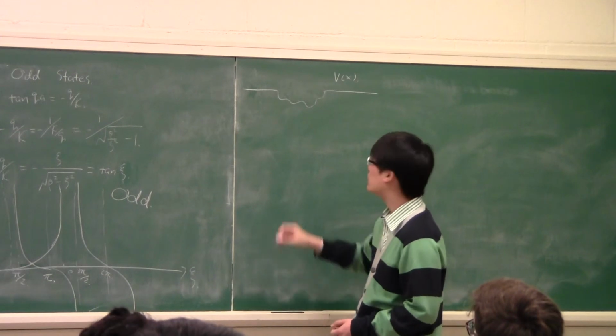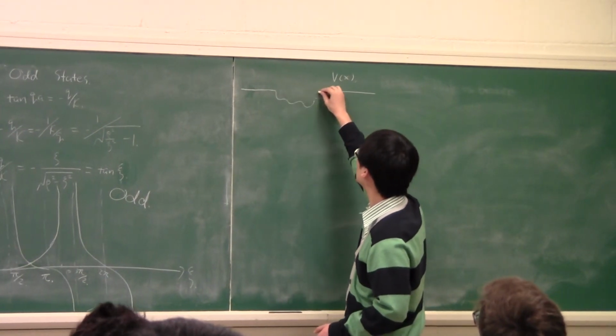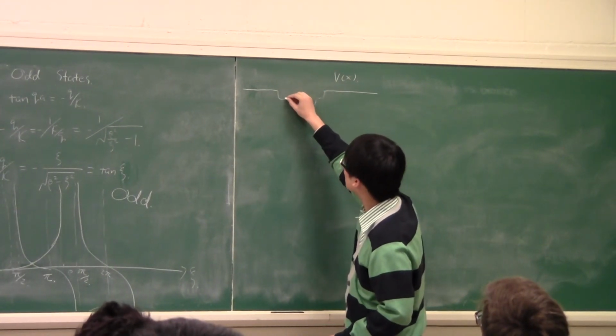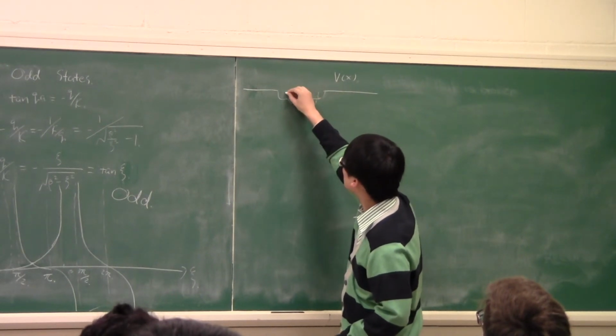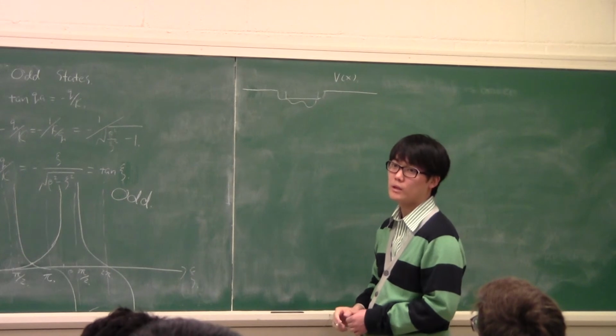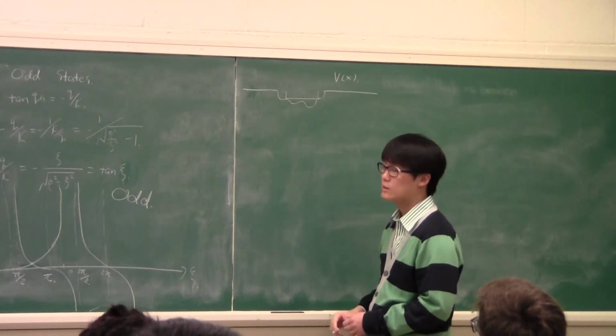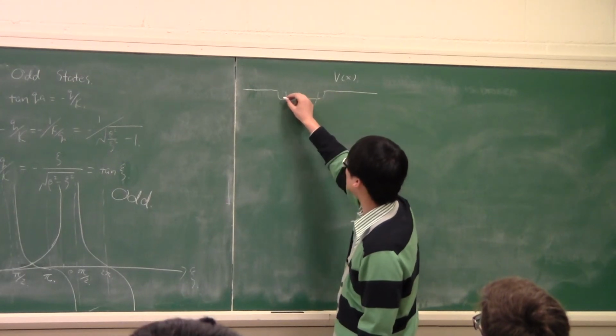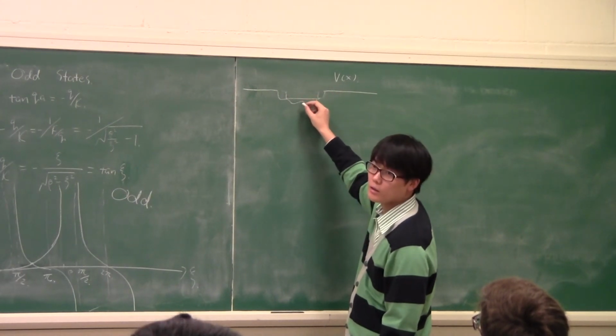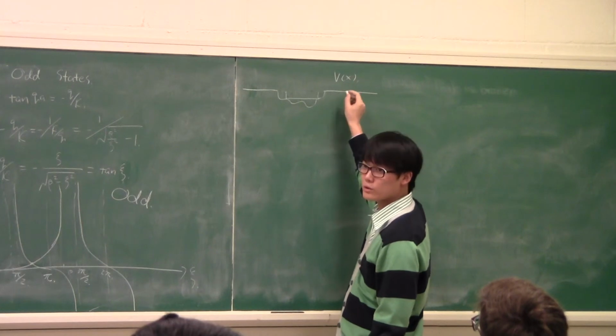Then it's always possible to fit a finite square well within that well, so that the potential of this finite square well is everywhere higher than or at most equal to the original well.